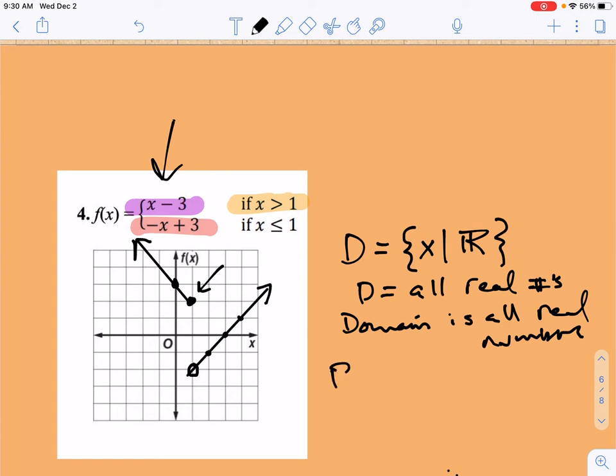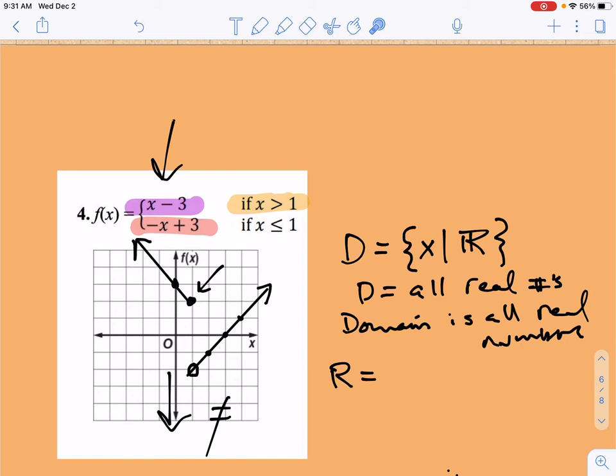Now for the range, same deal. You take a look at it, and I can see that I'm not going to have any values below negative 2. So anything here going down, we just don't have anything happening there. But it looks like all of the values above negative 2 for y are represented, because this guy right here starts at negative 2, and it continues to go up towards infinity that way. And this one starts up a little higher, but it does the same thing heading up towards infinity as well.